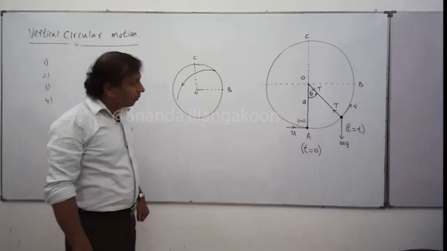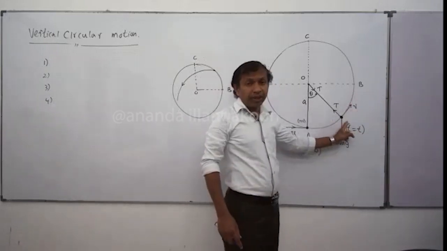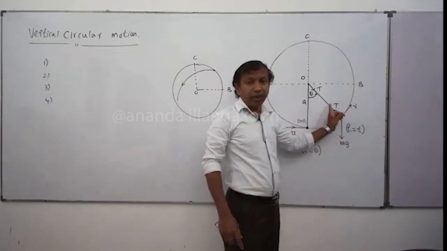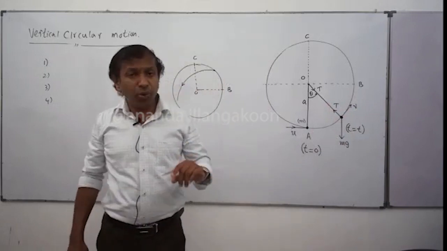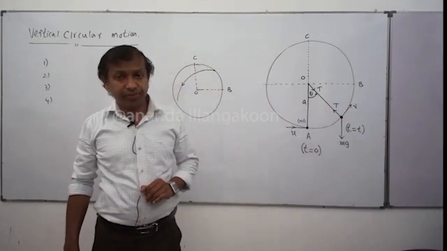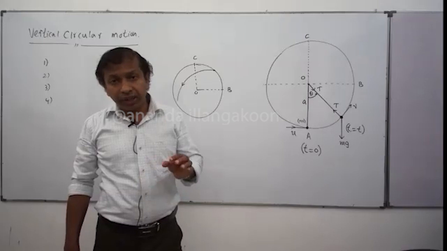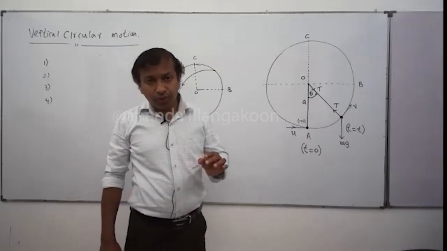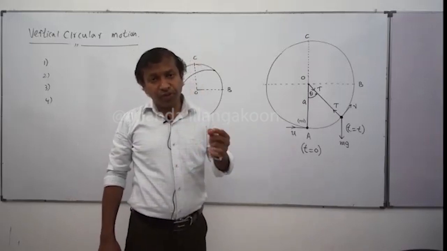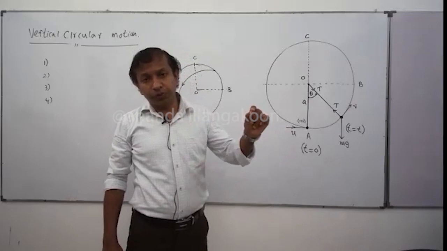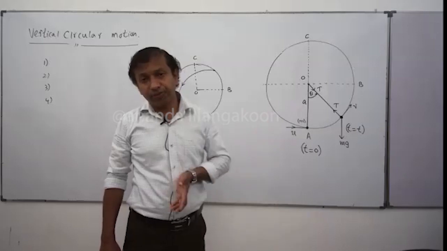The other thing is, once the particle moves this way, the particle has velocity V and the string has tension T. This velocity V and the tension T both vary. When velocity is 0, the particle can't move on the circle from that position. That means when the velocity becomes 0, the particle no longer moves; it stops instantly there and comes back.